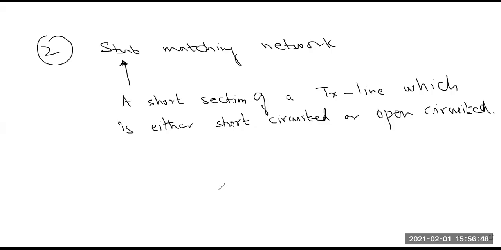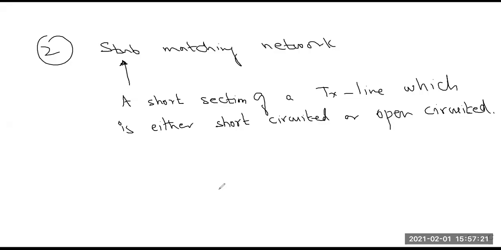During that discussion, I mentioned that this is something we will talk about in more detail when we consider the topic of impedance matching. So this is the same thing. We can use a transmission line for matching as well. But the important point is that the transmission line has to be either open circuited or short circuited.